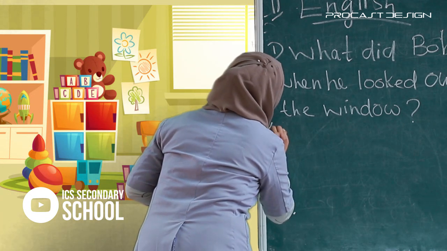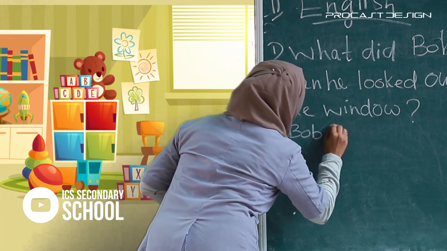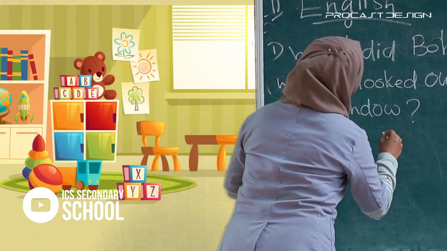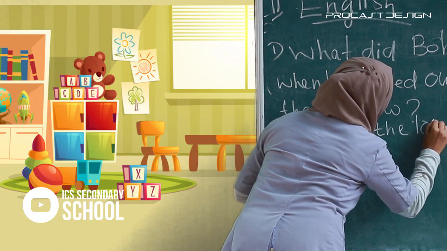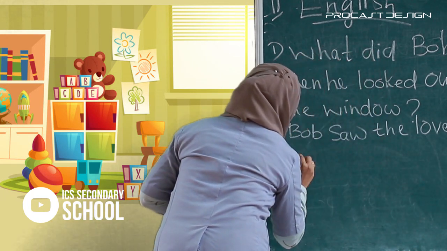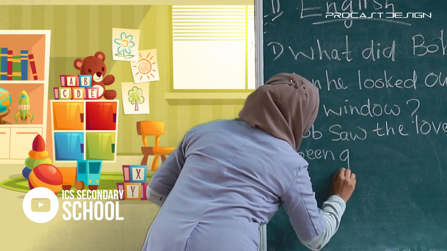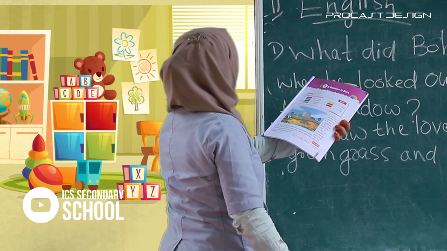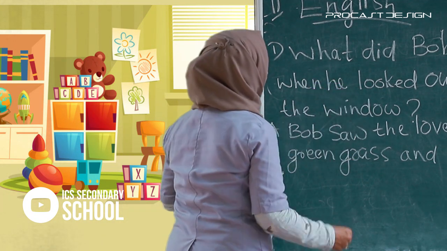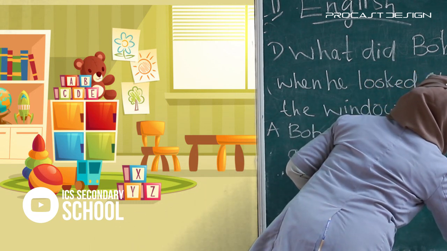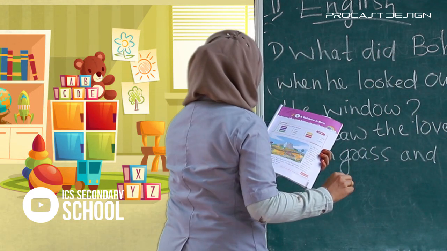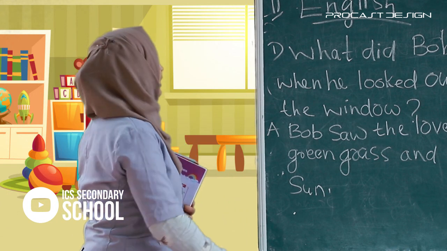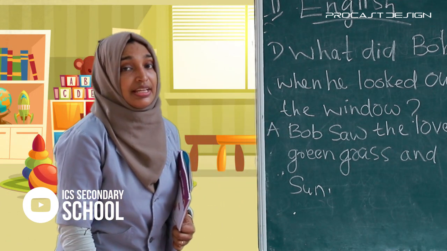Answer: Bob saw the lovely green grass and the shining sun.